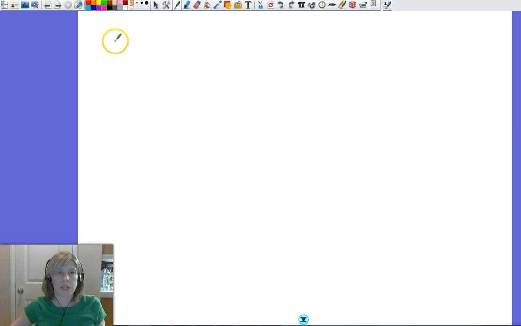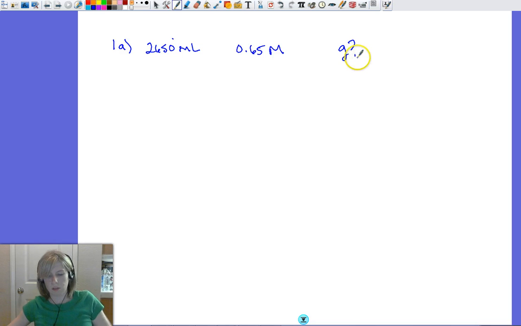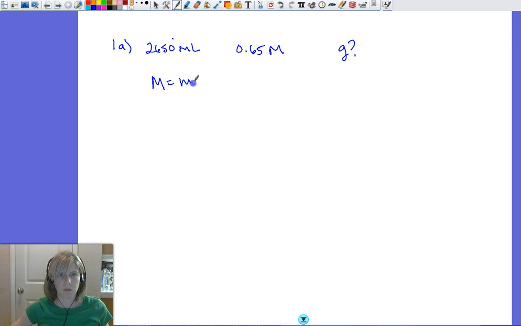So for 1A, it says 2,650 milliliters of a 0.65 molar calcium phosphate solution and wants to know grams of the solute. So to do that, we're going to take our equation, which is molarity equals moles divided by liters, and plug in our values.